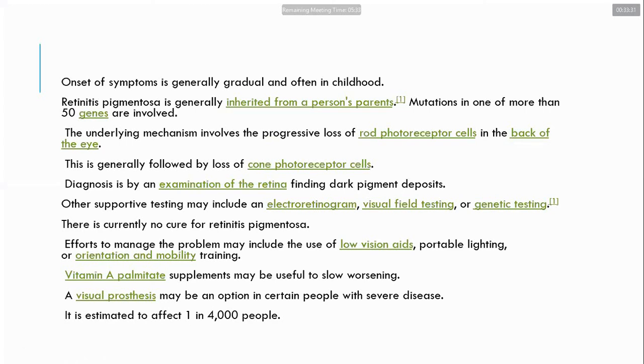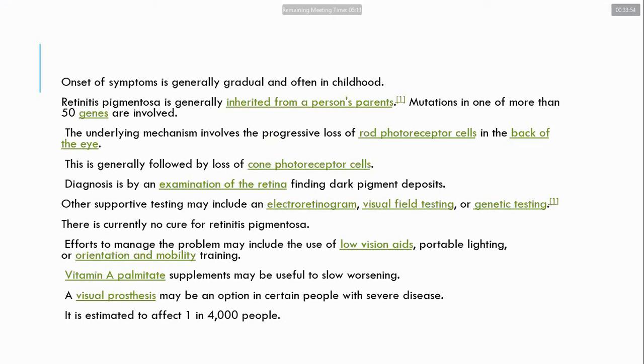Onset of the symptoms is generally gradual, often in childhood, and it is generally inherited from the person's parents. Mutation in one or more of more than 50 genes is involved, and the underlying mechanism involves progressive loss of the rod photoreceptor cells, generally followed by loss of cone photoreceptor cells.